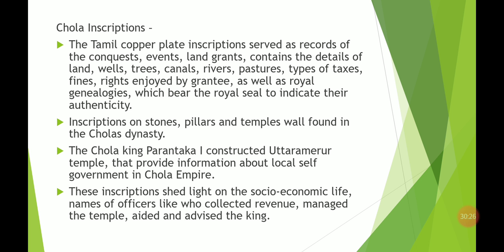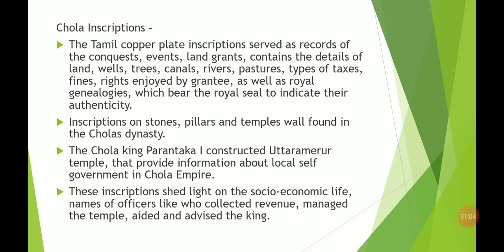It is information about which king made the grant and who their ancestors were. These records were kept in the copper plates. The copper plates also bear the royal seal of the ruler of a particular dynasty to show their authenticity, meaning how correct and true they are, as given by the royal authority. So we get this type of information from copper plate inscriptions.